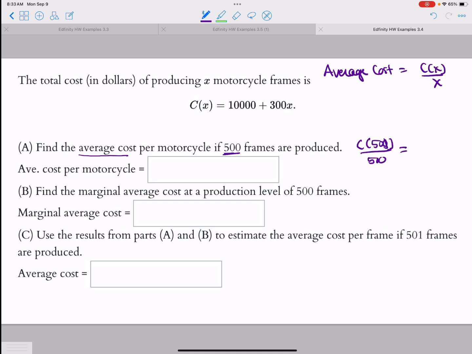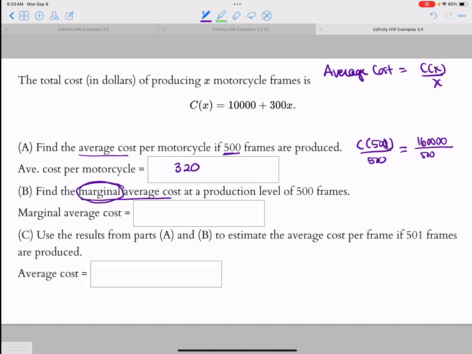Plugging in 500, I have 300 times 500 plus 10,000. That'll give me 16,000. Actually, give me 160,000 over 500, and that is 320.